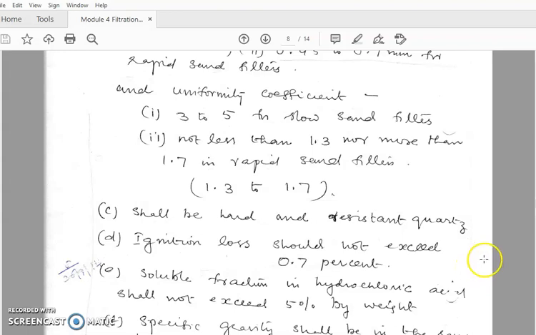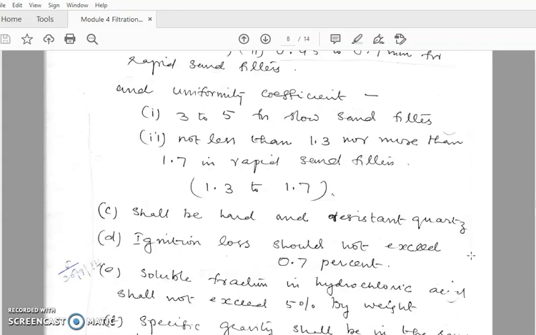Then the next one is, the soluble fraction in hydrochloric acid shall not exceed 5% by weight. When we put the sand in hydrochloric acid, it should not lose its weight by more than 5%.